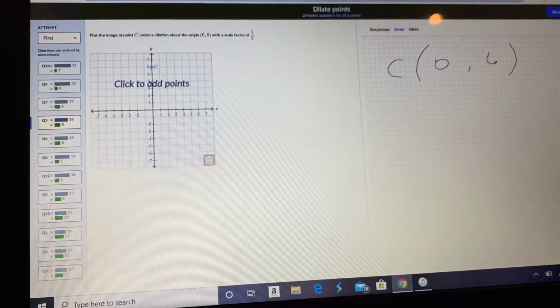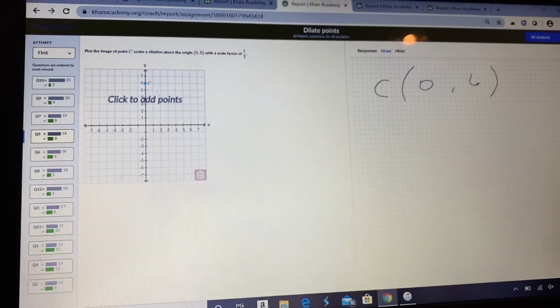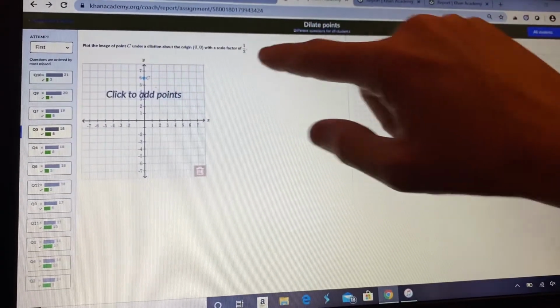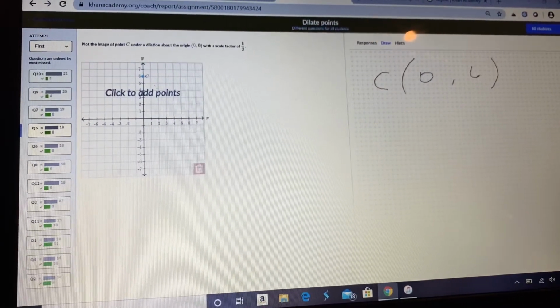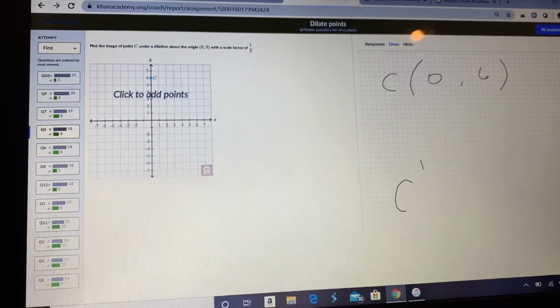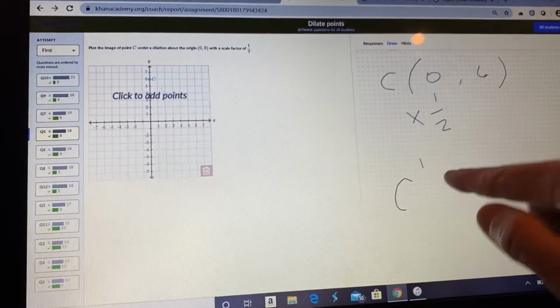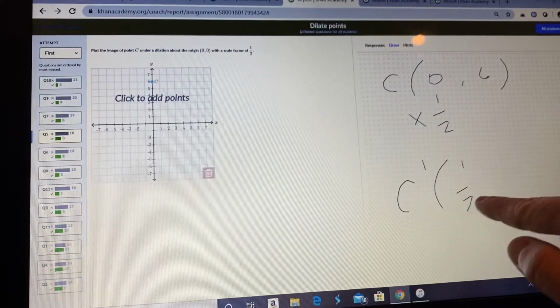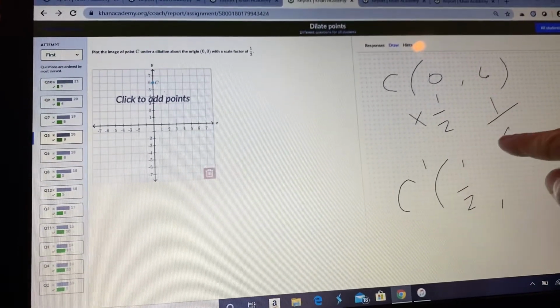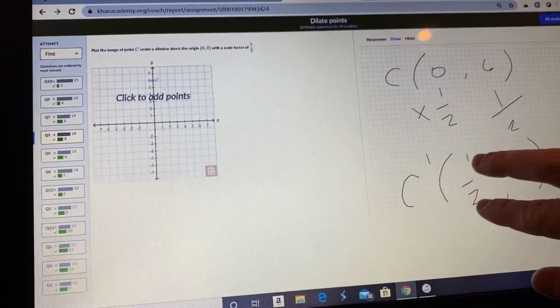If it gives you the coordinate plane and it says it's centered at (0, 0), which these will be, you're just going to multiply the coordinates of these points by the scale factor of 1/2. Since it's less than 1, C prime should be closer to (0, 0). I'm sorry, right here.